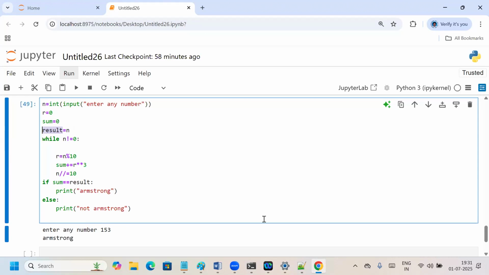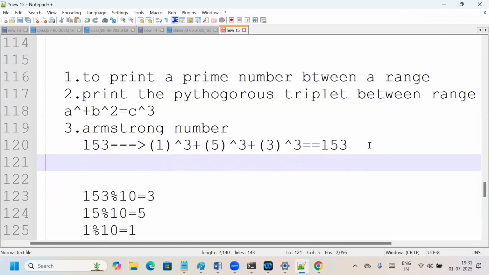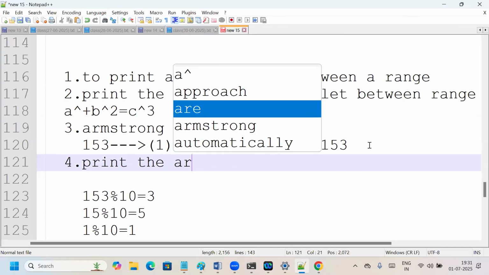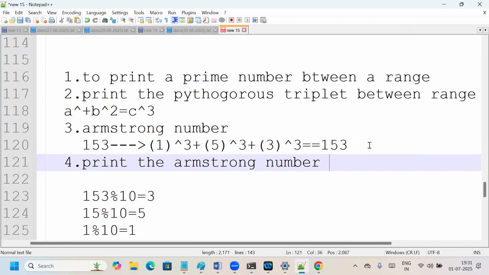Understood, guys? Now I will give you one task. Print the Armstrong numbers between a specific range. In range. Correct. What will be the time complexity of this code, guys?